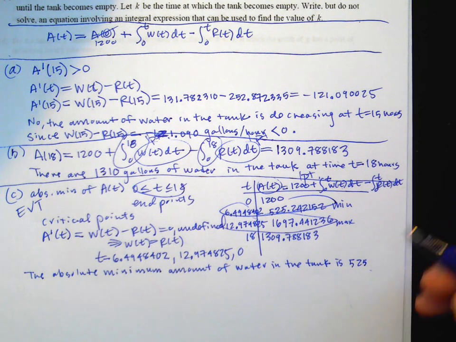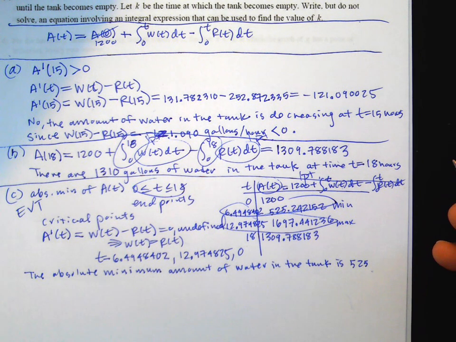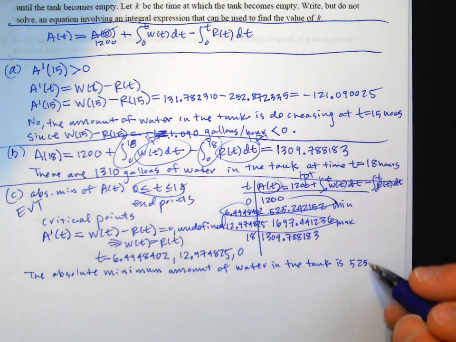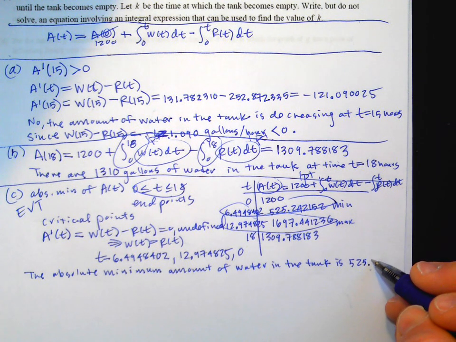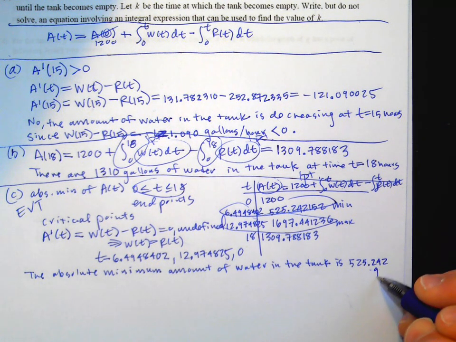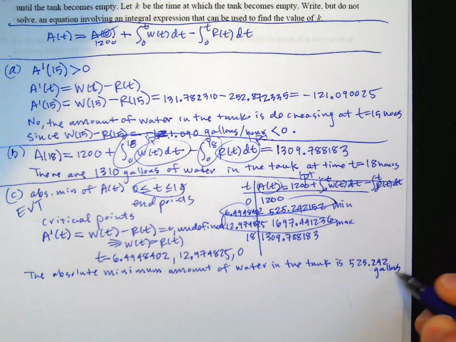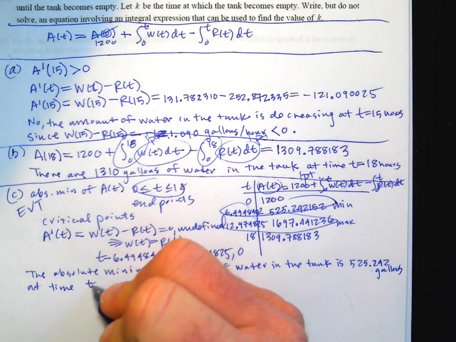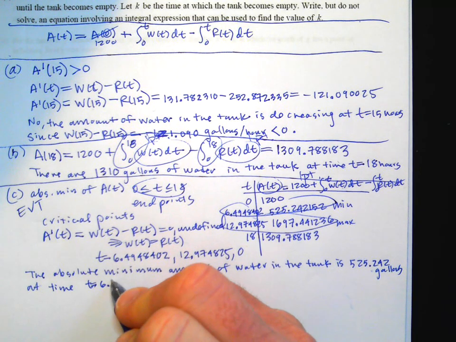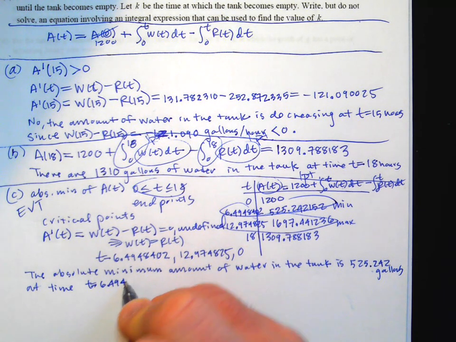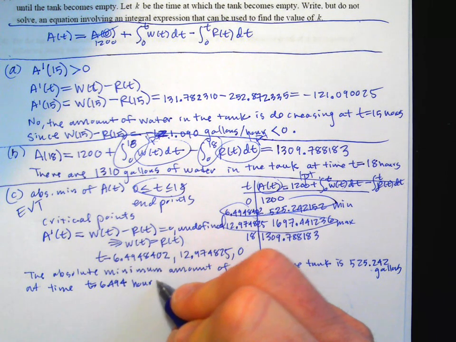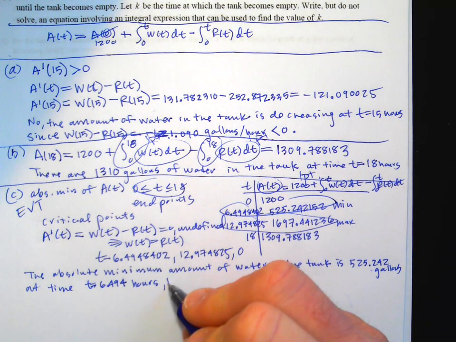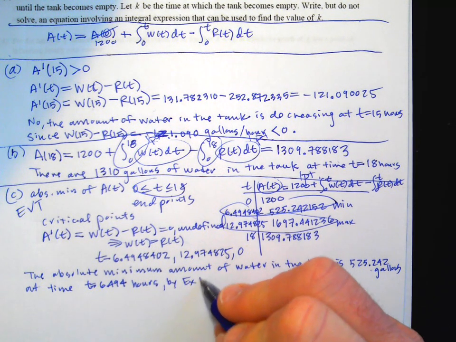Now, did they tell us to round to the nearest whole gallon here? They don't, so I'm going to go with 3 decimal accuracy. 242 gallons, put units, at time t equals 6.494 hours. Okay, so that's the answer by extreme value theorem.